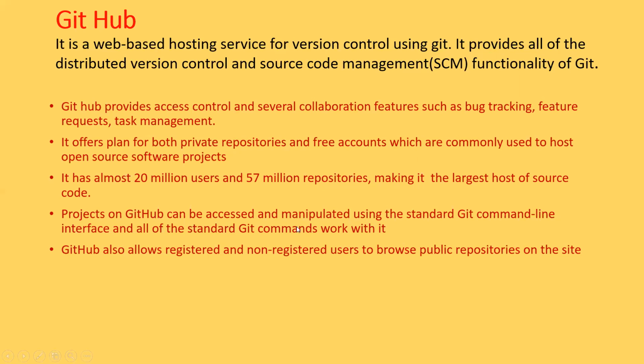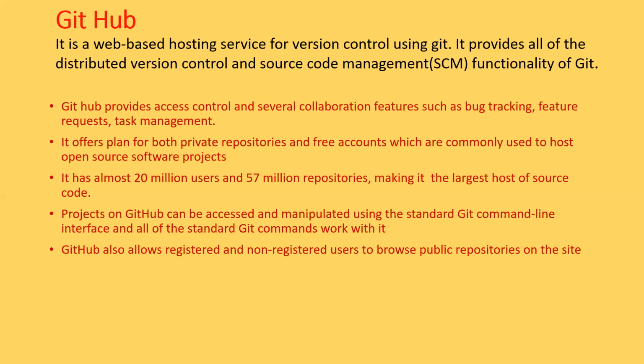Projects on GitHub can be accessed and manipulated using the standard Git command line interface, and all the standard Git commands work with it. So we have Git Bash, Git here. There are some softwares which you can directly install onto your system, and you will directly type Git command line commands, and you can access the Git repository files like Git pull, Git push, Git commit, Git merge, and checkout.